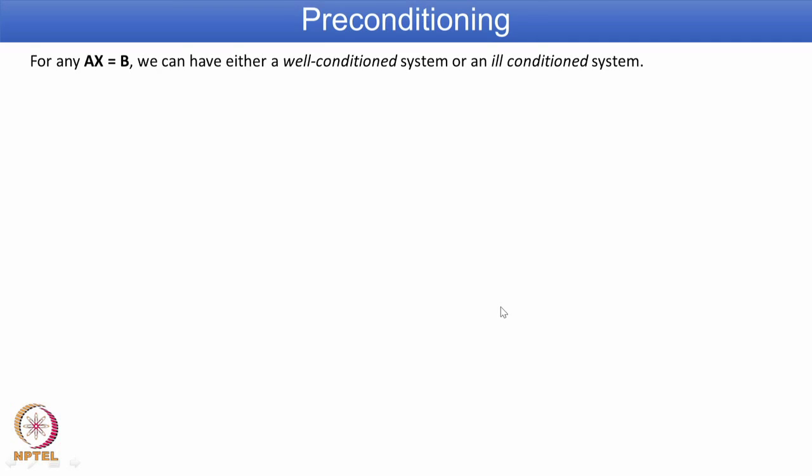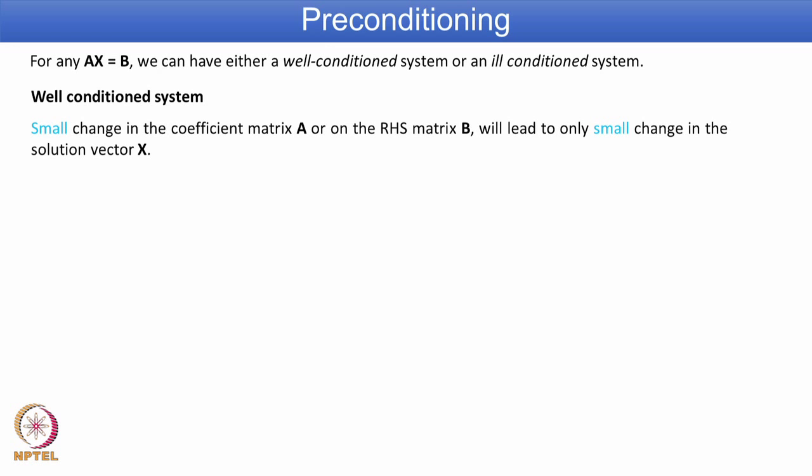For example, you consider a system A x equal to B. This system can be either well conditioned or ill conditioned. Let us get an idea with the help of an example. Well conditioned system, the definition: any small change in the coefficient matrix A or the right hand side matrix B will lead to only a small change in the solution vector x.